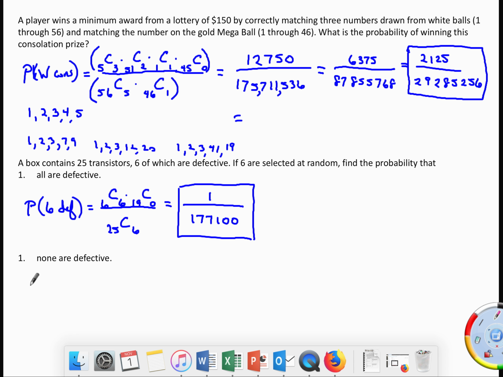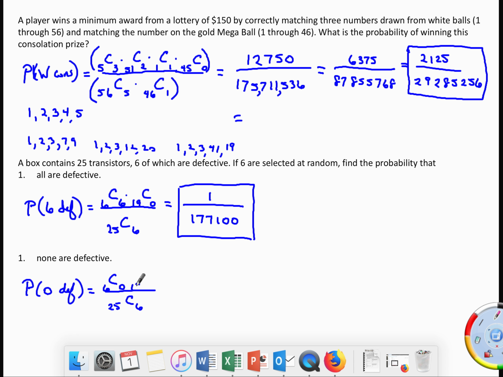Now it asks me to find the probability that none are defective. Well, the denominator is the same, right? It's all of the ways you can reach in there and grab 6. But this time, if I don't want any defective, then out of those defective ones, I'm choosing 0.